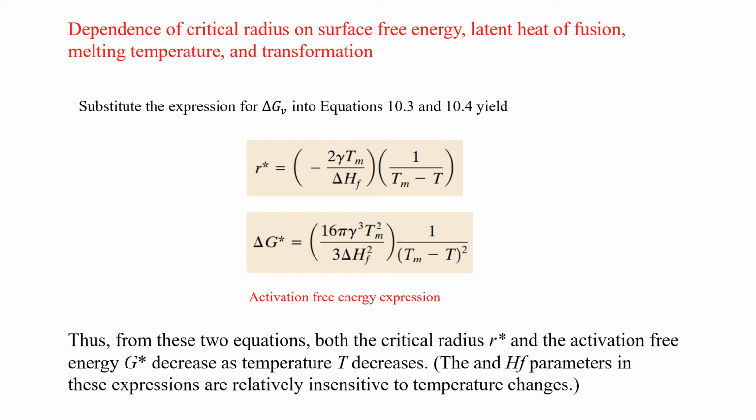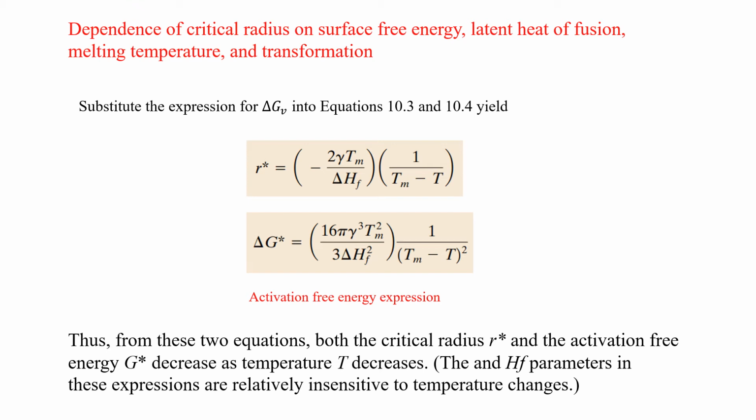Dependence of critical radius on surface free energy, latent heat of fusion, melting temperature, and transformation temperature. For getting the expression for the critical radius, which depends upon the latent heat delta HF and temperature, we substitute the expression for delta GV into equations 10.3 and 10.4.